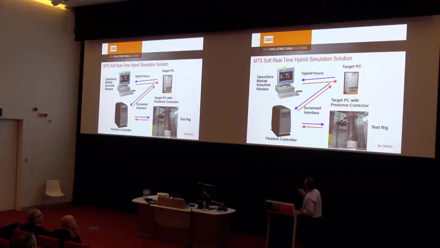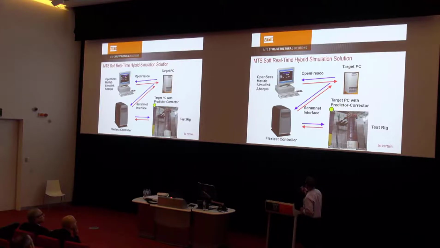For example, you use OpenSees. That's a non-real-time FEA package, and it solves for the command, and the command is sent through OpenFresco to a target PC. Here it runs a program called a predictor-corrector, developed by UC Berkeley.